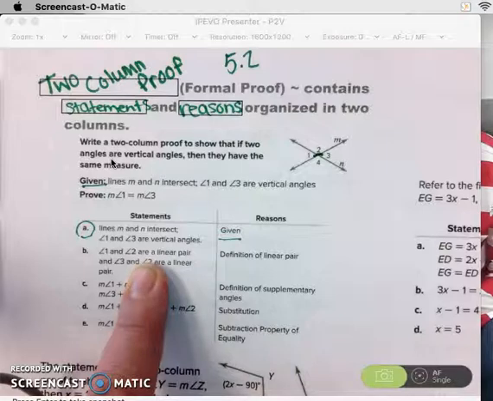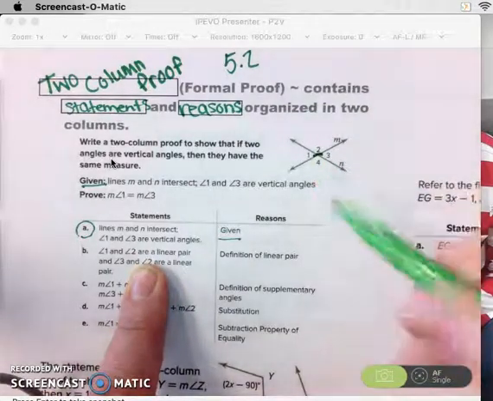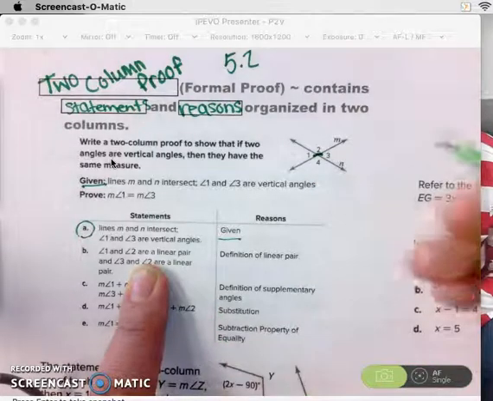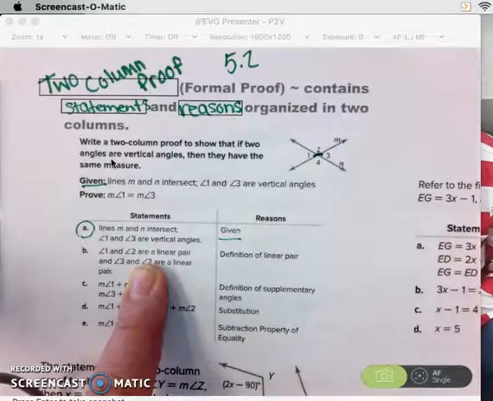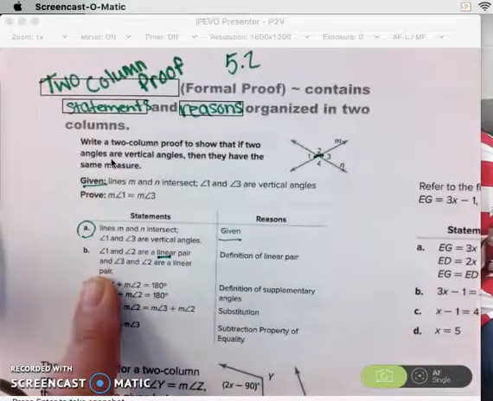A linear pair is 2 angles that lie on a line. It's in the name: it creates a line.